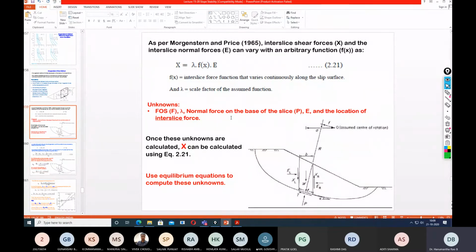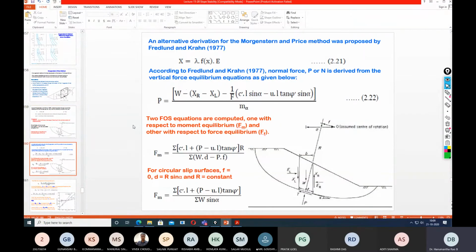These are all unknowns. So once these unknowns are calculated, the X, the interslice shear force, can be calculated using this equation. In order to independently solve this equation, they have considered equilibrium equations separately.